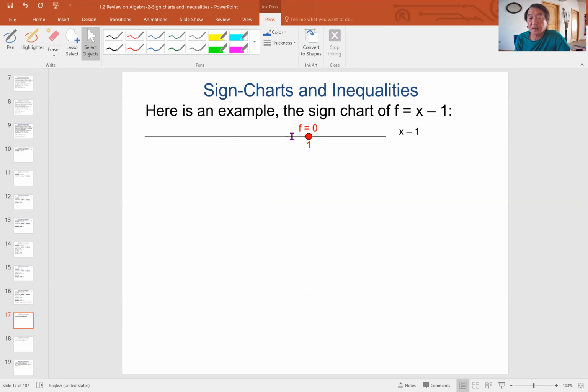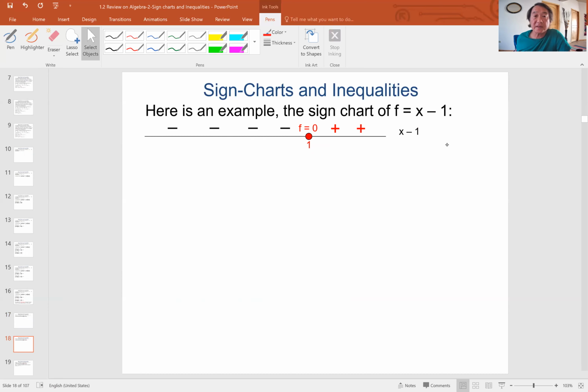For example, here is the sign chart of f of x equal to x minus 1. For f equal to 0, you solve x equal to 1. So at 1, that single point on the picture is where the sign of the output is neither positive nor negative. It's 0, it's neutral. If I plug in numbers to the right-hand side, I will get positive.